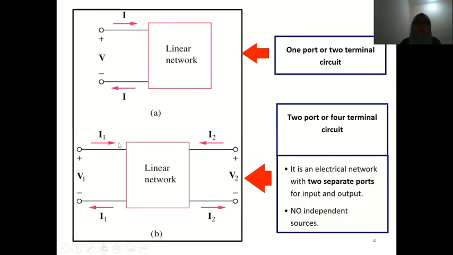So for a two-port network we have two separate ports, the input port and the output port. Since each port has two terminals, we have four terminals in all. Here we do not consider any independent source in the network.